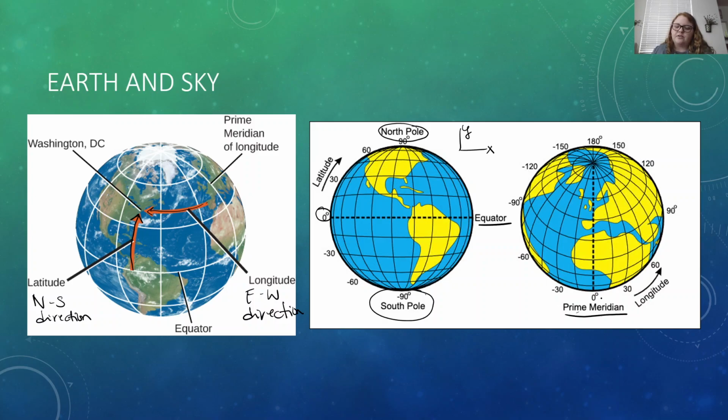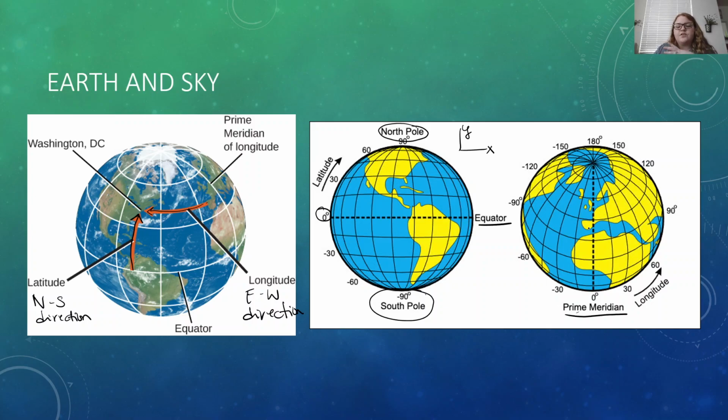So we go 0 to 30 to 60, all the way to 180, which would be directly on the other side of the globe, the other side of Earth. And then all the way back down. This is a way to count as well: we have 0, negative 30 degrees, negative 60, so that would be going left, or west, on the globe.